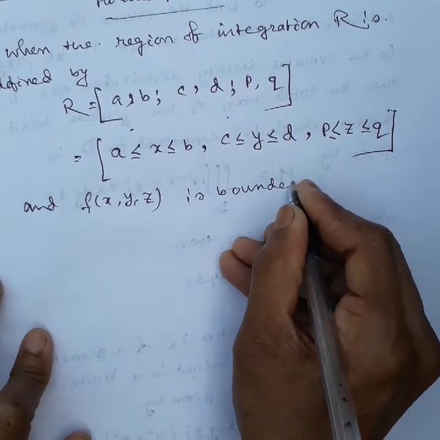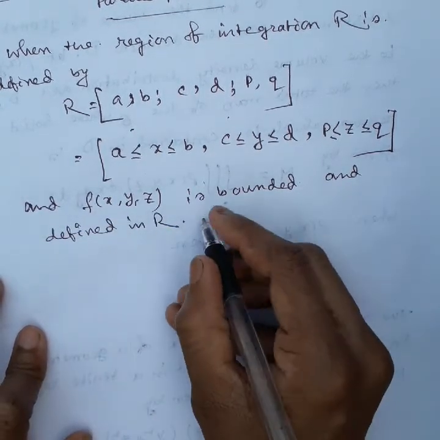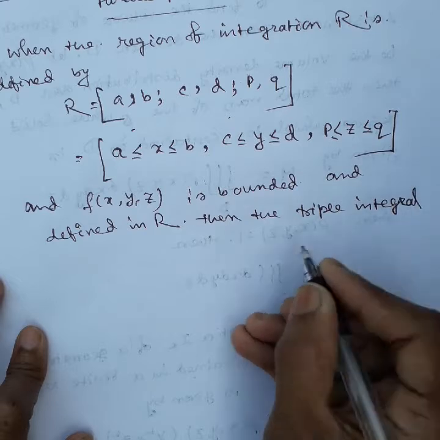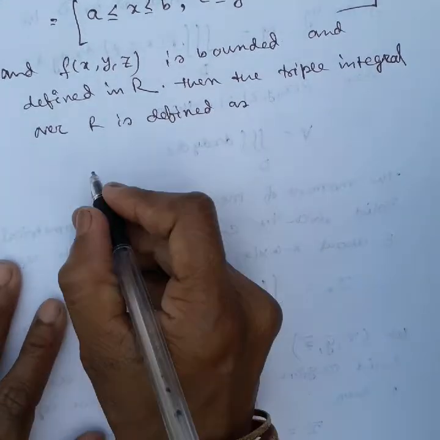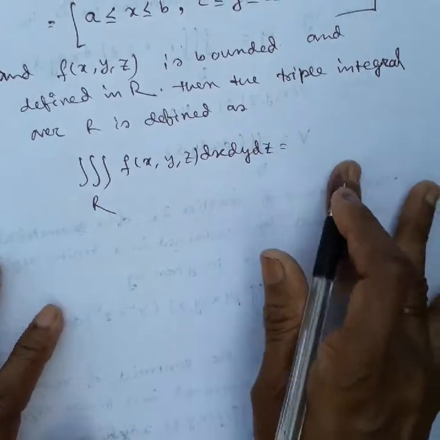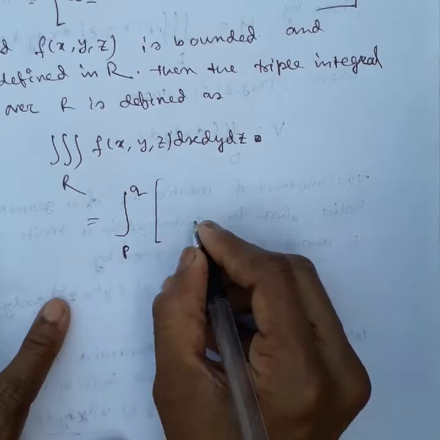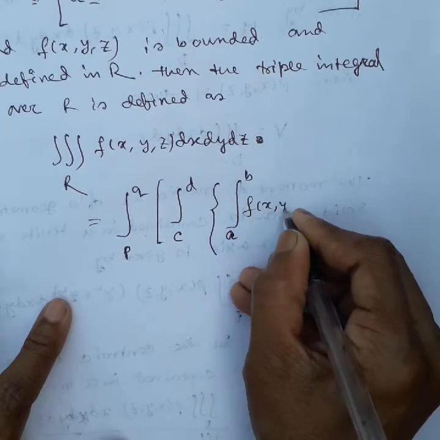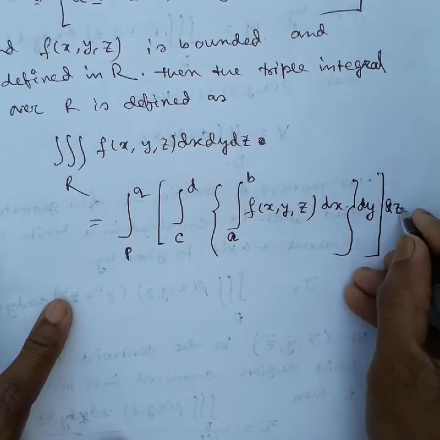Okay, and if f(x, y, z) is bounded and defined in R, then the triple integral over R of f(x, y, z) dx dy dz is equal to integration of P to Q, then integration of C to D, then integration of A to B, f of x, y, z, dx, then dy, then dz.